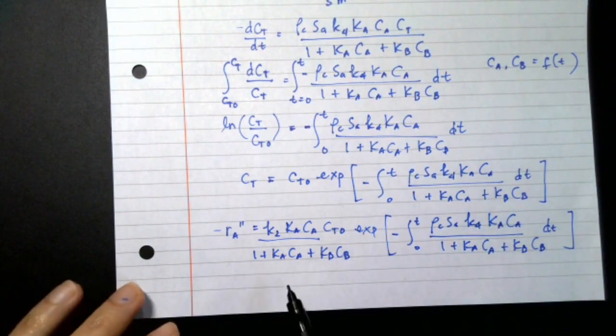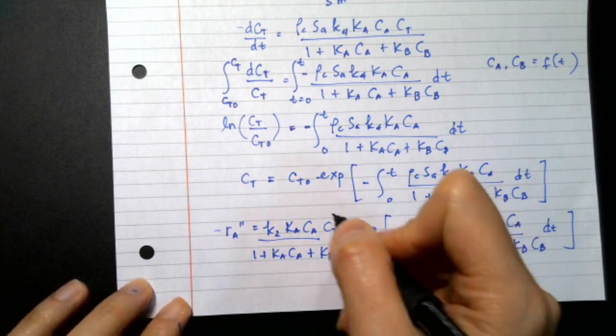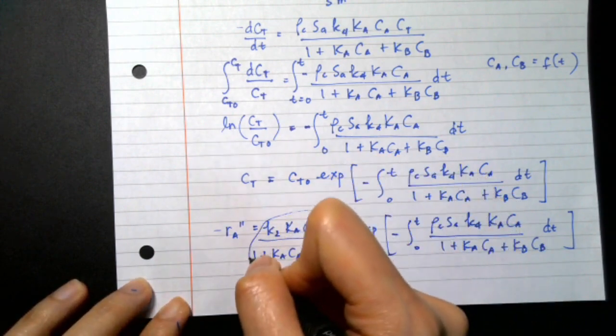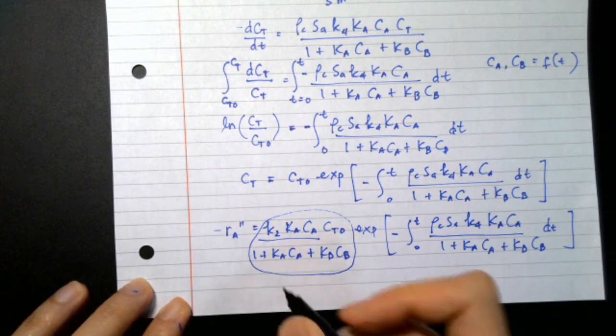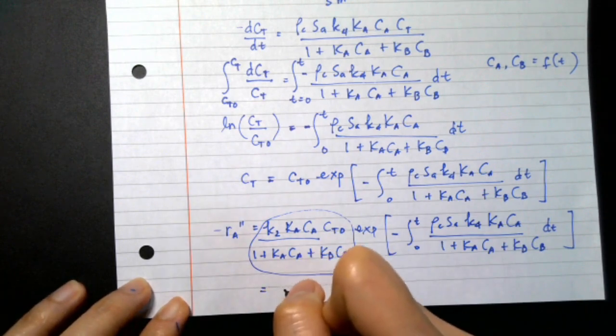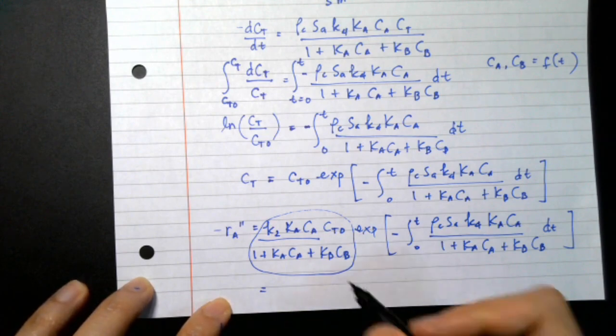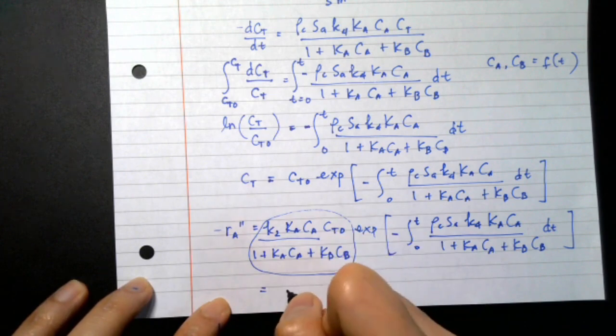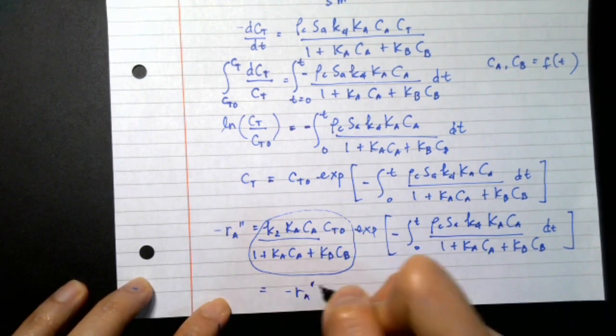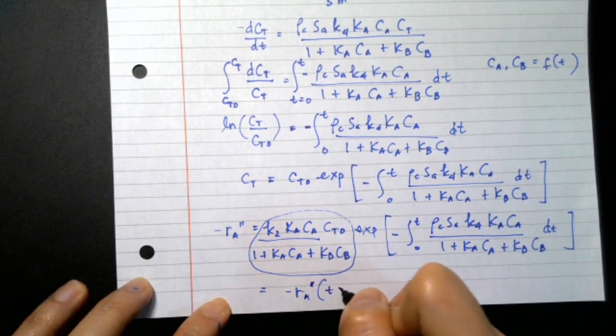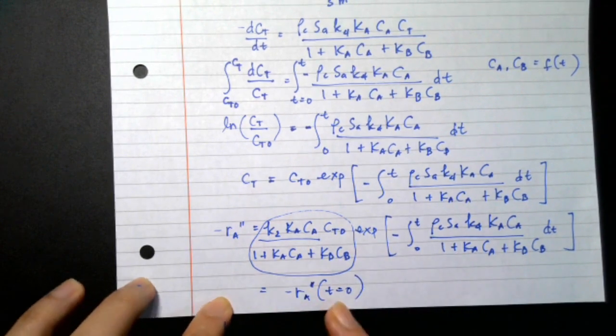So you can see that this term here is the same as the rate at time equal to 0 when the catalyst is fresh. Okay, so we can write this. So this whole term here is equal to negative Ra double prime at time equal to 0. Okay, so when the catalyst is fresh.